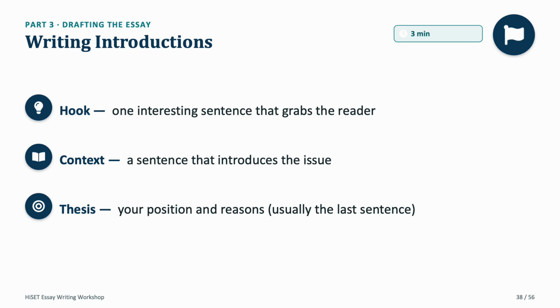The hook gives the reader an interesting opening. The context introduces the issue, and the thesis gives your position and reasons. The thesis is usually the last sentence of the introduction. So when you're writing under test conditions, remember, start broad, introduce the issue, then become specific with your thesis.